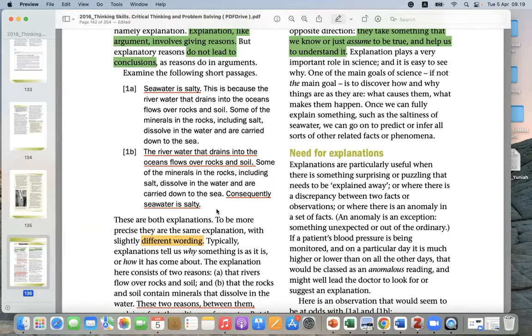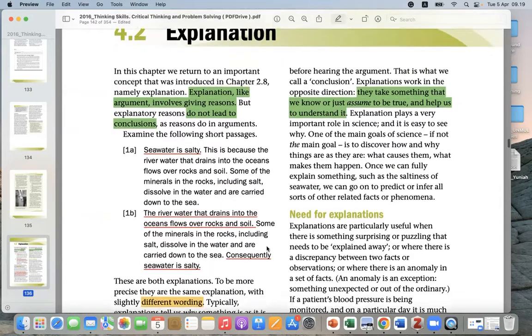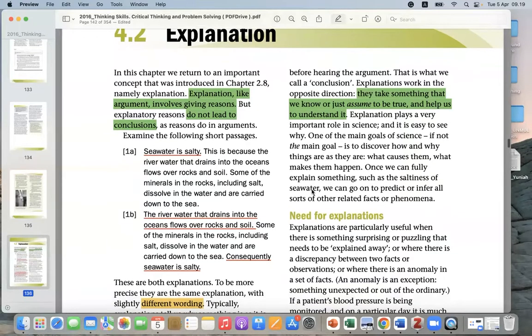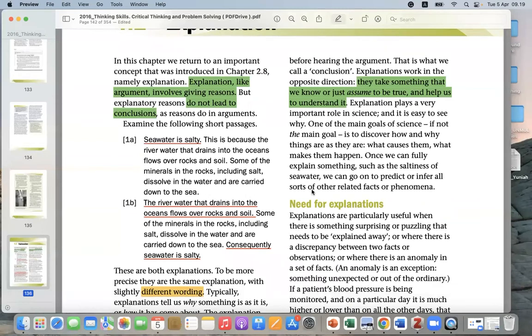I think it is similar to writing, where you have a topic sentence, as it is called in grammar, and supporting ideas. So explanation in this case works in the opposite direction.